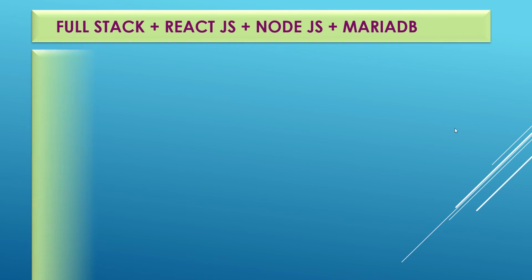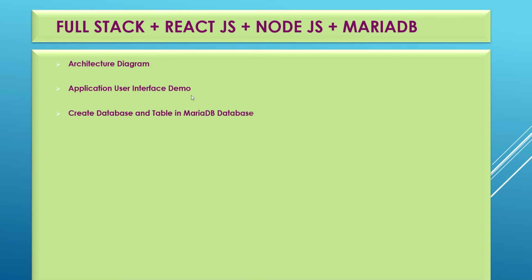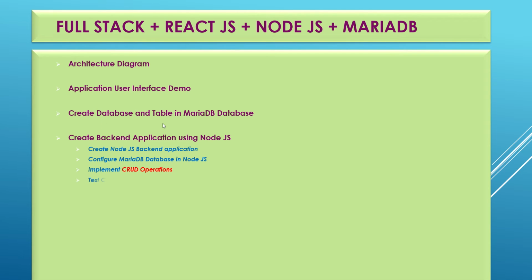So in order to build our full stack application, we are going to follow some points in sequence. First, we are going to see the architecture diagram. Next, we are going to see a user interface demo in which I will showcase a small demo so that you can visualize how our application will look once we build and run it in the browser. Next, we are going to create our database and table in MariaDB.